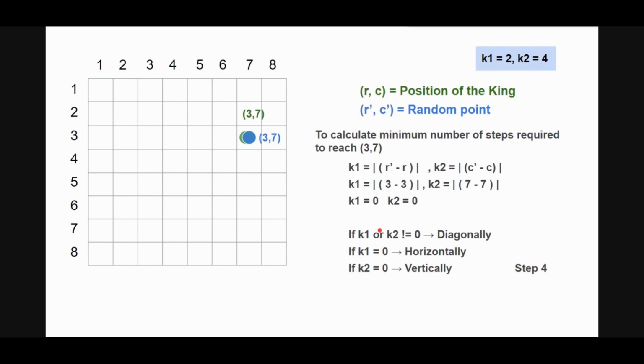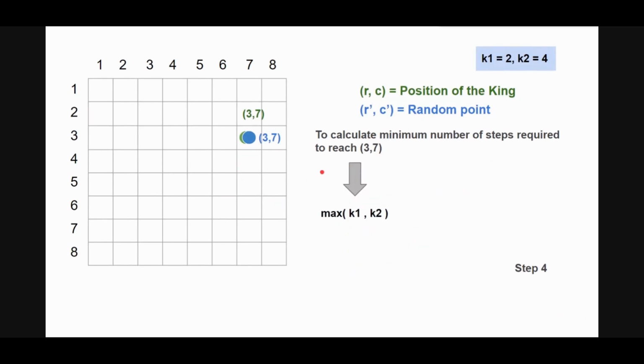Now the values of k1 and k2 are 0, which means we have reached the random coordinate that we had assumed. Here we can see that the number of steps is 4, in which the king reached 3, 7.